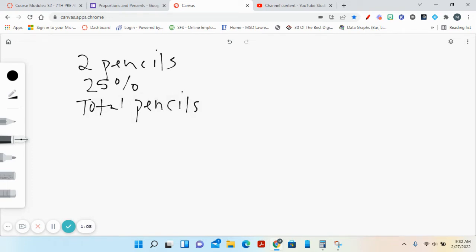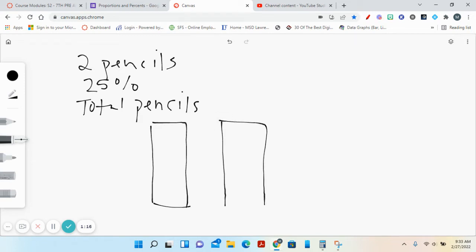We had learned a rectangular method to solve this, where we had 0%, 100%, 0, and our total. So now we just need to plug in where these numbers go and then create our proportion from here.